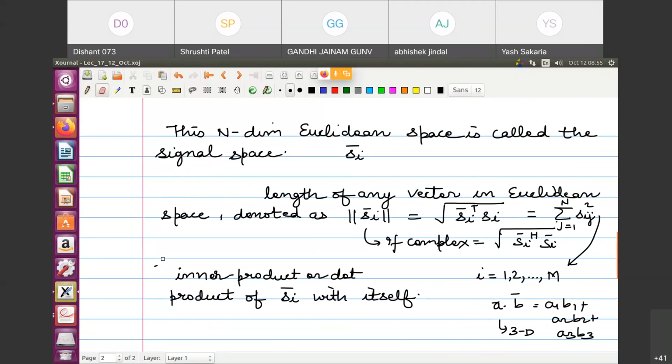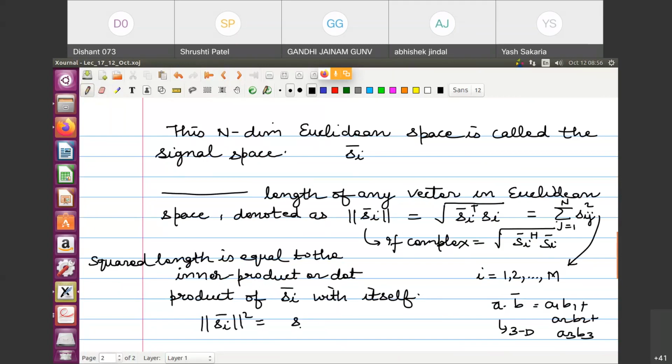So squared length is equal to the inner product or dot product of Si with itself. Squared length, because if we square it, let me write it down.